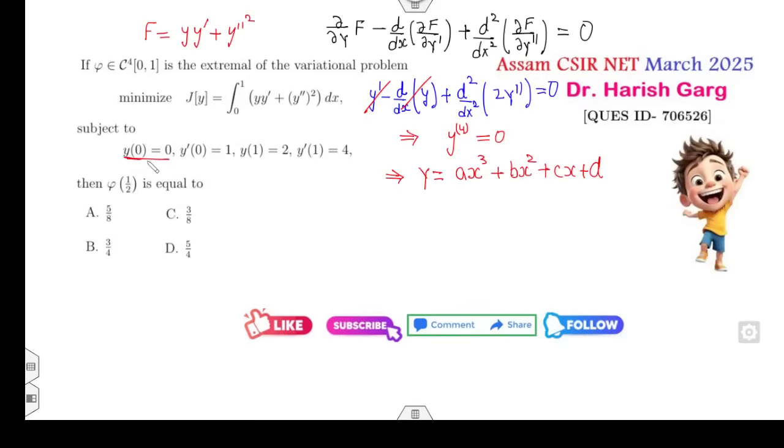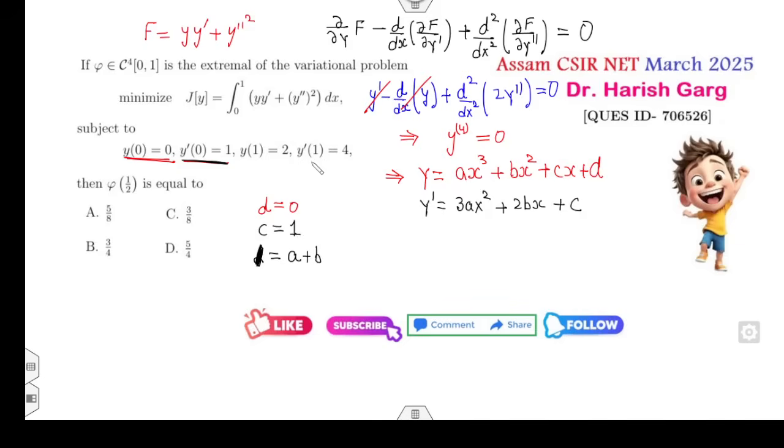Fine. Now y of 0 is 0. d is equal to 0. y dash of 0 is equal to 1. y dash is 3ax square plus 2bx plus c. y dash of 0 is equal to 1, so that means c is equal to 1. y of 1 is equal to 2. So that will be 2 is equal to a plus b plus c. c is my 1, so this number is my 1.